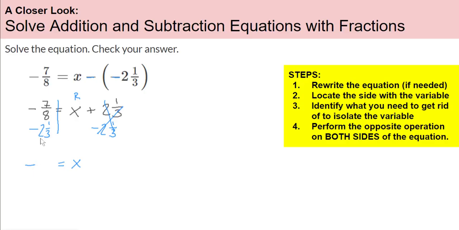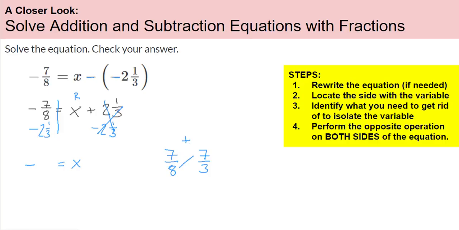Now I'm going to try to subtract them, but I'm going to do that differently. I'm going to use the butterfly method. I want to subtract, or really I want to add them, because remember, same sign, take the sum. So we're going to add 7/8 and, changing 2 1/3 to an improper fraction, 3 times 2 is 6 plus 1 is 7, so 7/3.